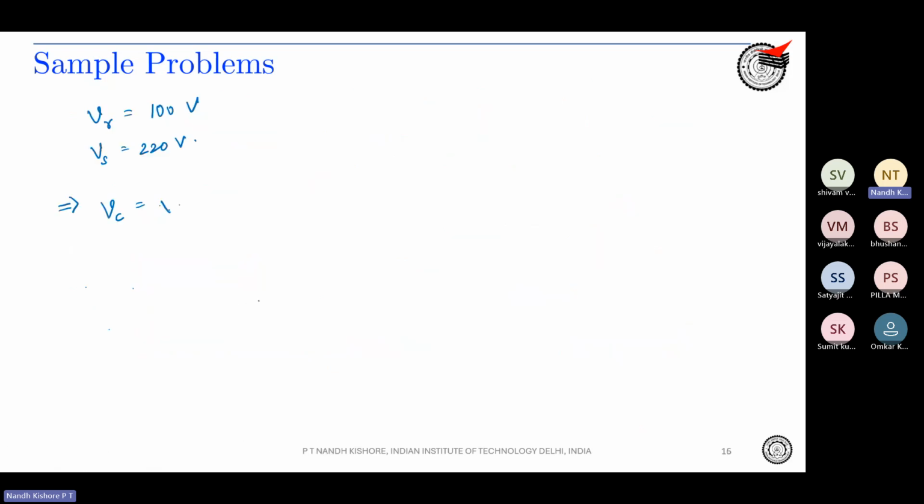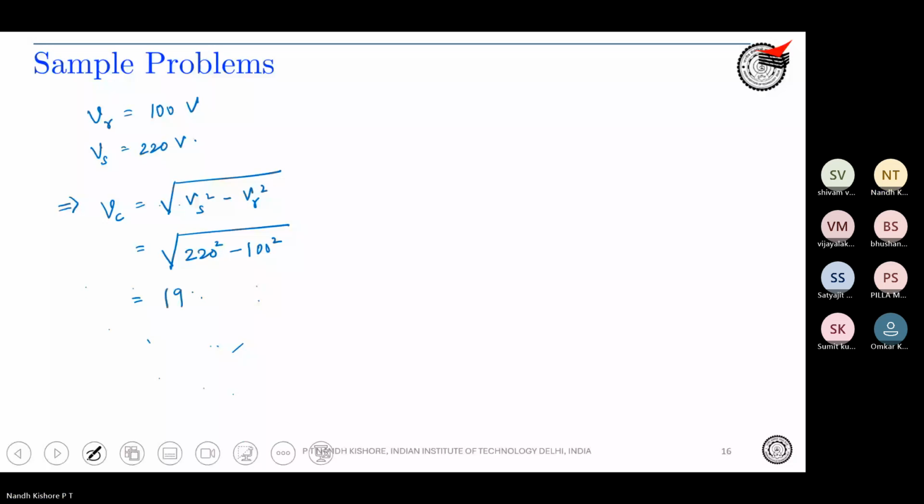So your Vc would be root over Vs square minus VR square, so root over 220 square minus 100 square. So this would be how much? You would get 195.96 volts. This is just the magnitude.